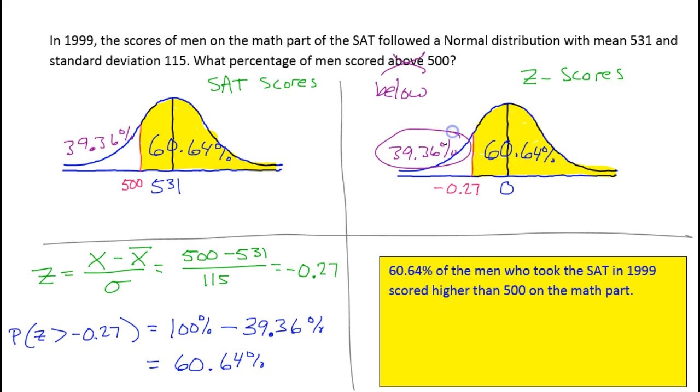Okay, so I'm just trying to emphasize to you that if they ask you for the percentage of data that's less than a number or below a number, you can just read it right off the chart. You don't have to subtract from 100 unless they say find the percentage above or greater than a certain number.